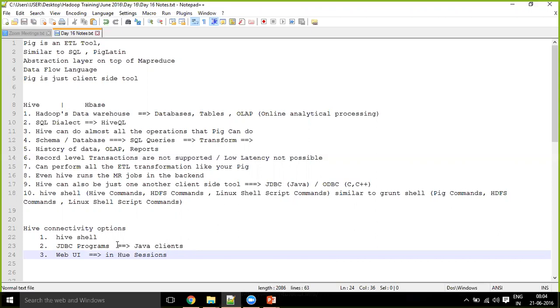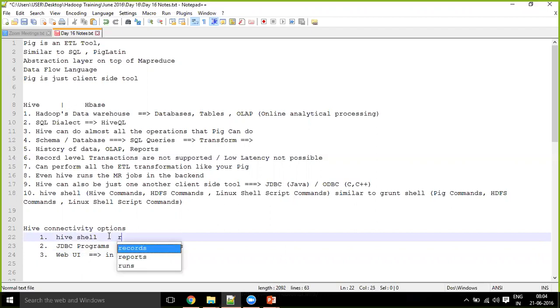First we'll be testing inside the Hive shell, running in interactive fashion, which means running your commands on the shell itself and seeing the results there, query after query.